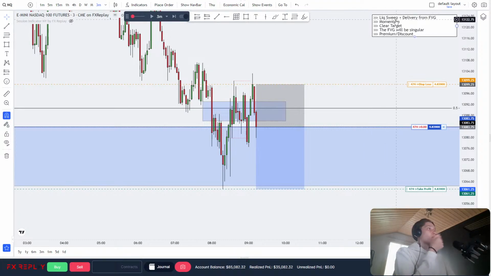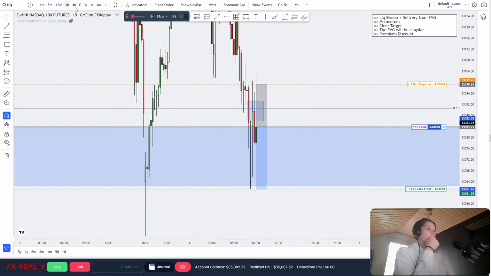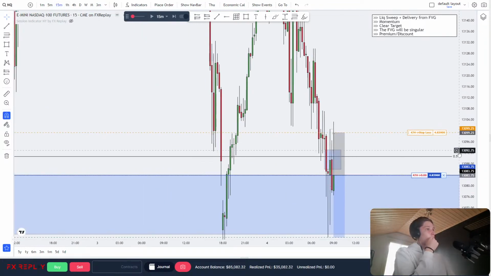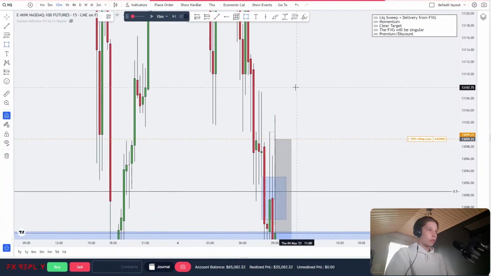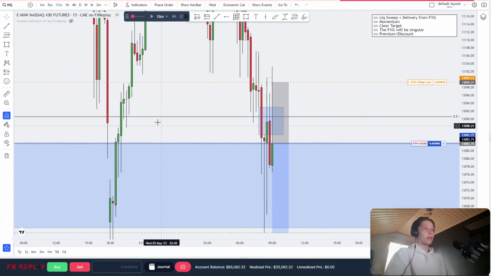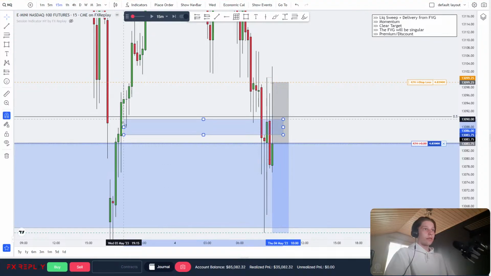So liquidity sweep happens. Delivery, I mean, technically no. I mean, yes, because we got that fair value gap here, and even this inversion here.